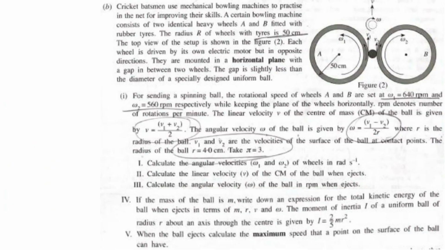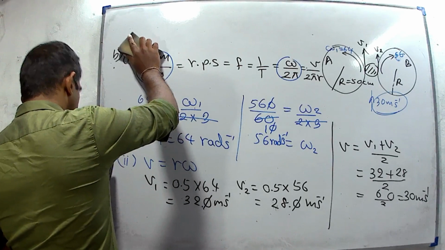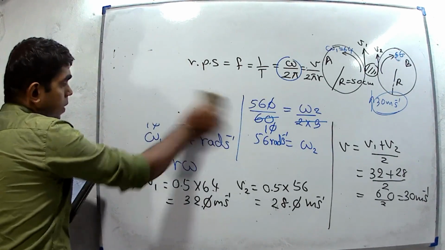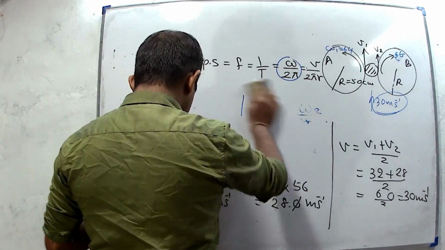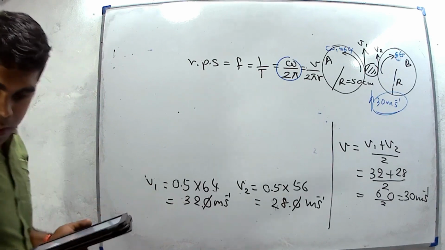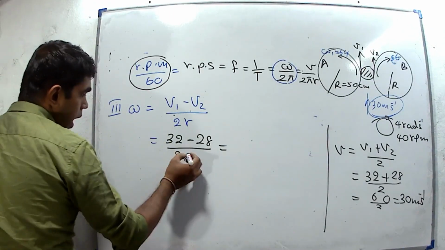Part 3. Calculate the angular velocity omega of the ball in RPM when ejected. Again we have to calculate in RPM. They have given the radius.